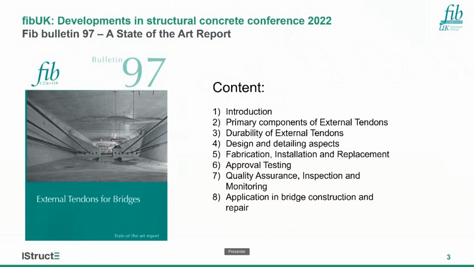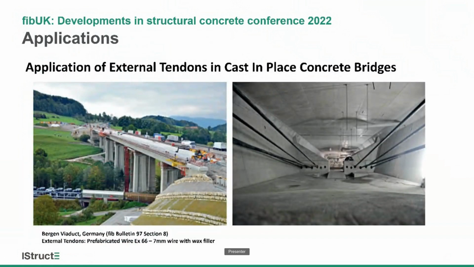I will highlight some of the, let's say, most interesting chapters. You see here a list of the content, and really don't expect everything to be explained in the next 29 minutes.